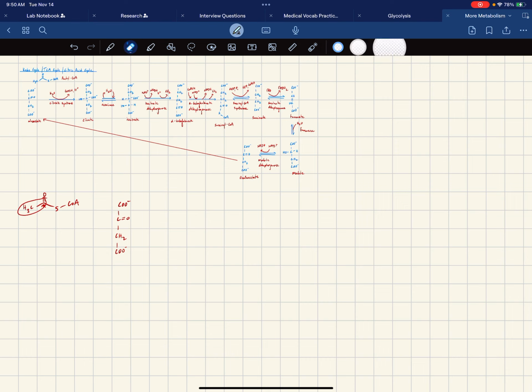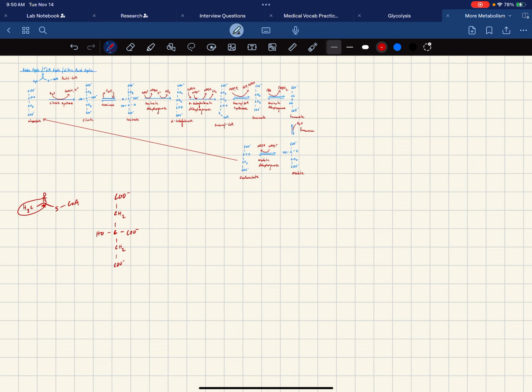I should have drawn citrate, but here's citrate. There's citrate.